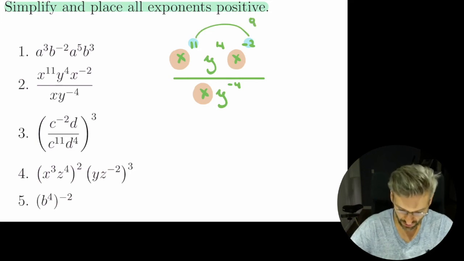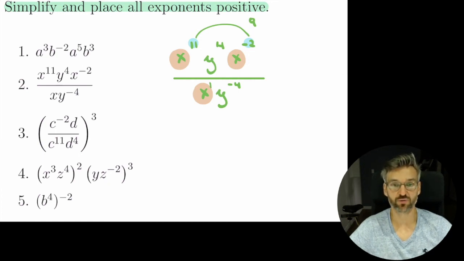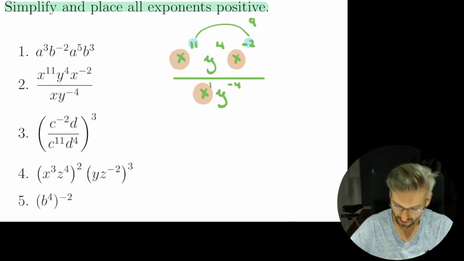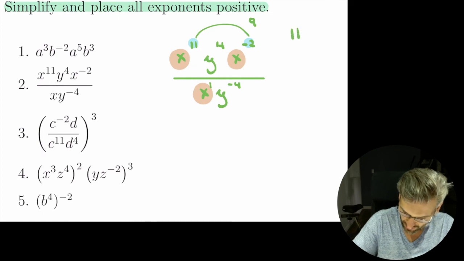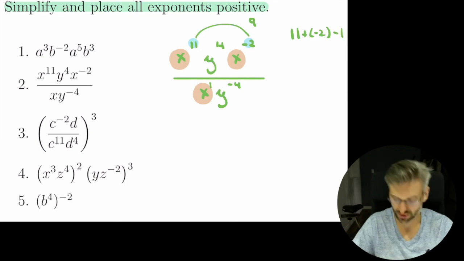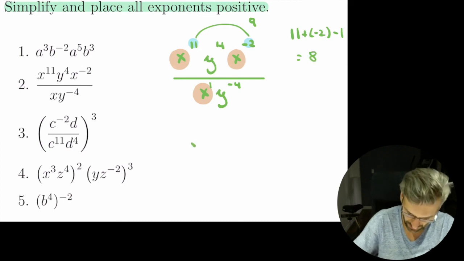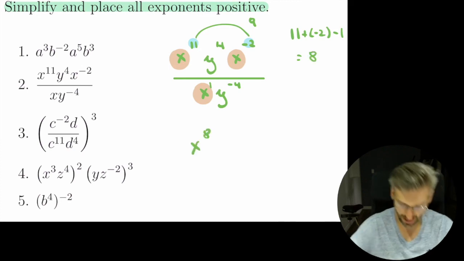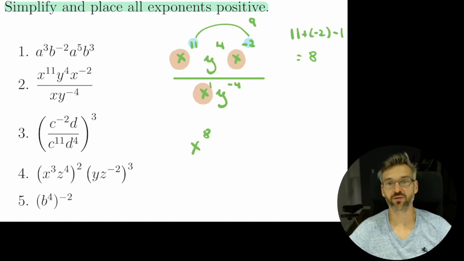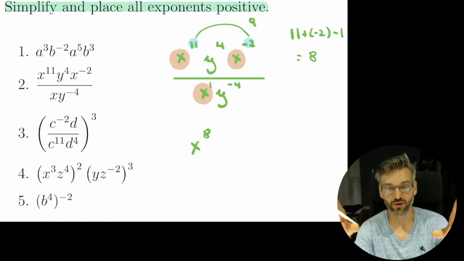And then we also have an exponent here, which is not really written, so that is 1. So really what we have is 11 plus minus 2 on top, minus the 1 coming from the bottom. In that case, this would simply be 8. So it is x to the 8. That takes care of the base of x.